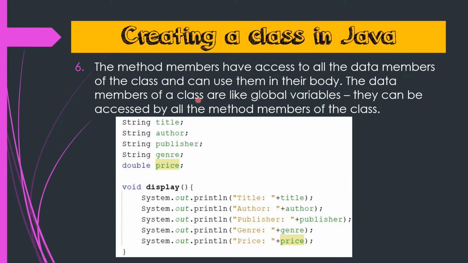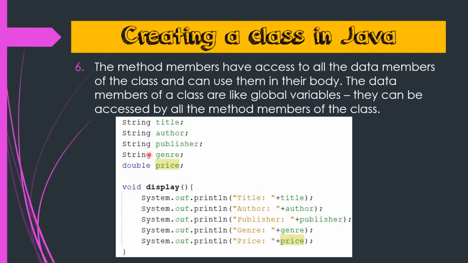The data members of a class are like global variables. They can be accessed by all the method members of the class. Means by defining these data members, these are basically like global variables. As we discussed in the very beginning while discussing the variables topic, there are local variables and global variables.